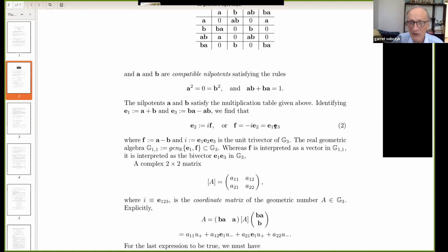And that's why they say most people think about a matrix as just a table of numbers, because when you start giving a geometric interpretation, then you get this ambiguity between a bivector in one geometric algebra being a vector in another geometric algebra. Namely F is a vector in the geometric algebra G11, but if you write it as a sub-element of the algebra G3, then you must choose it to be the bivector E1 times E3, which is the bivector representing the XZ plane.